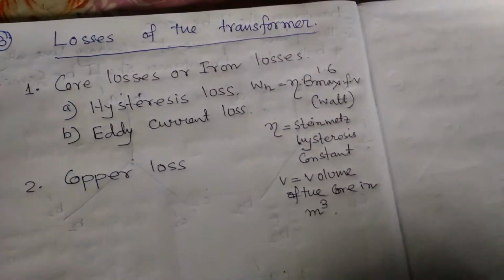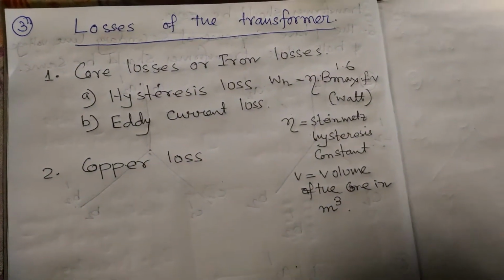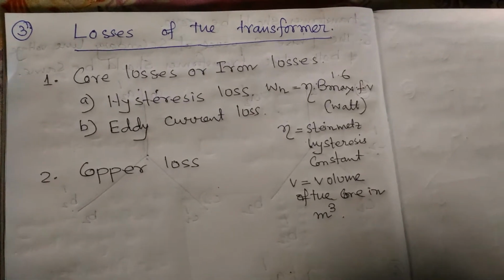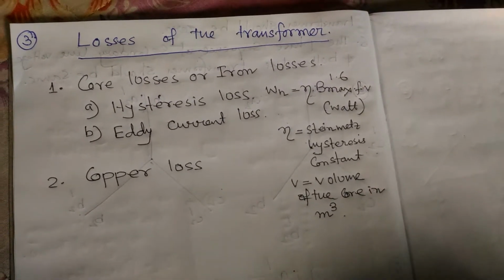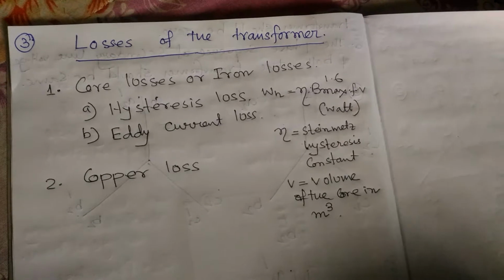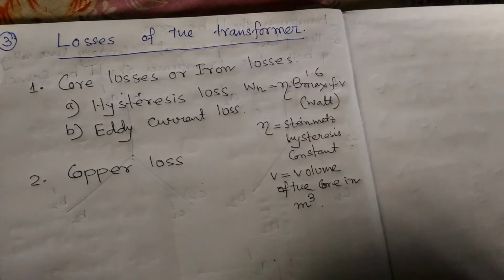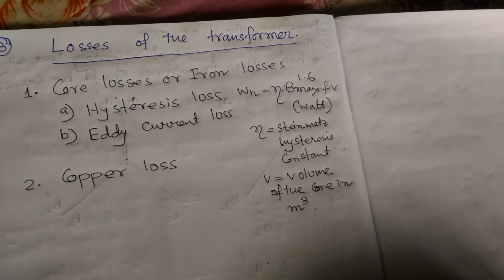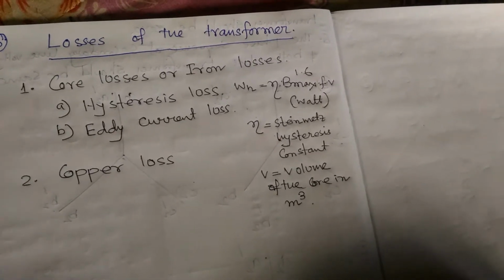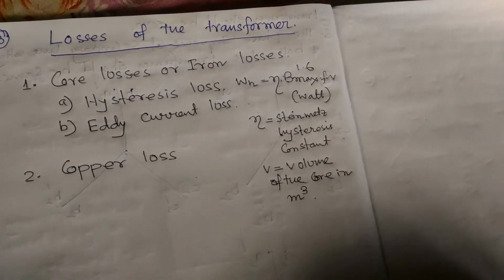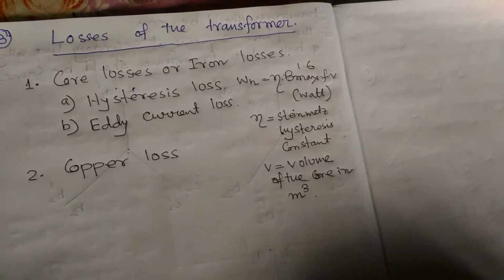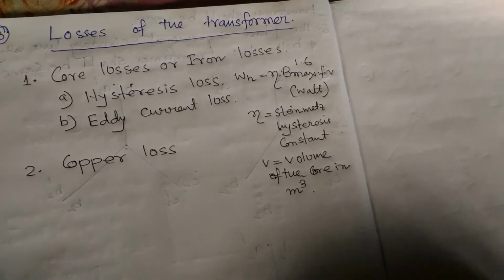Now we discuss eddy current loss. What is eddy current loss? In transformers, AC current is supplied to the primary winding, which sets up an alternating magnetizing flux. When this flux links with the secondary winding, it produces an induced EMF in it.